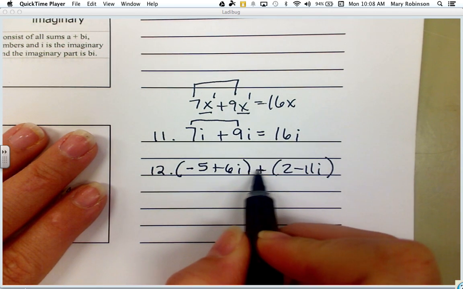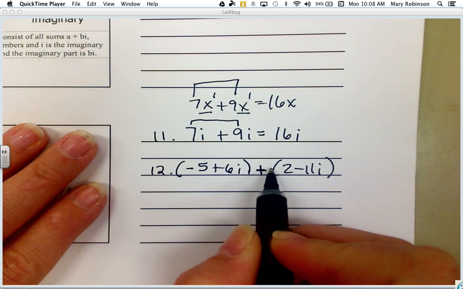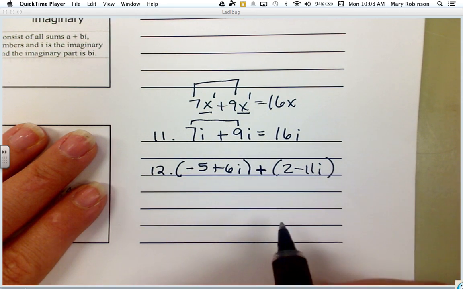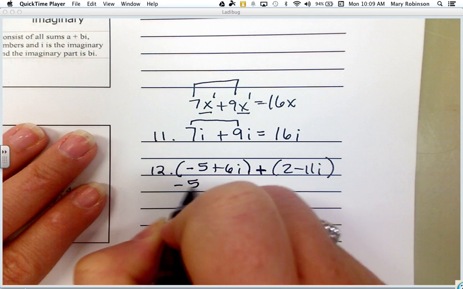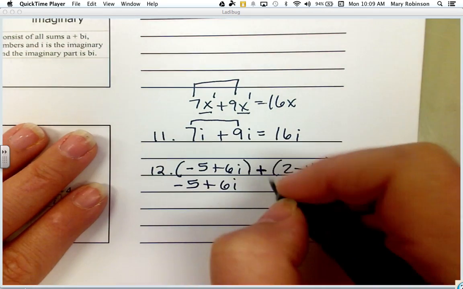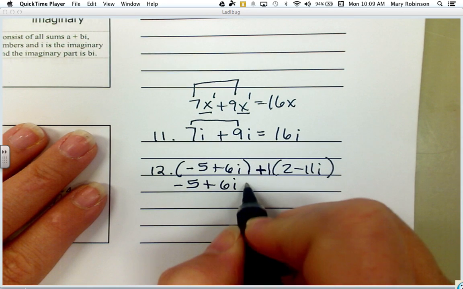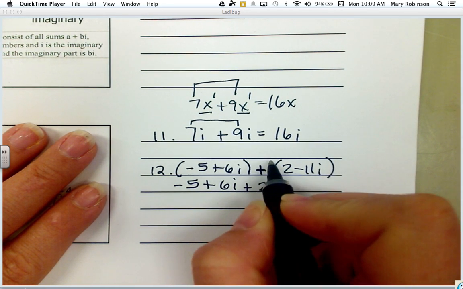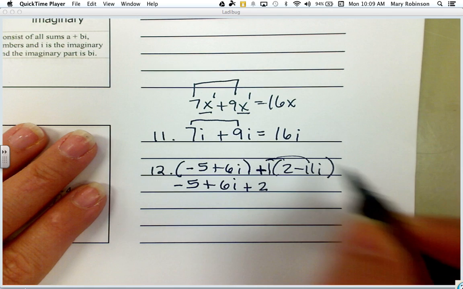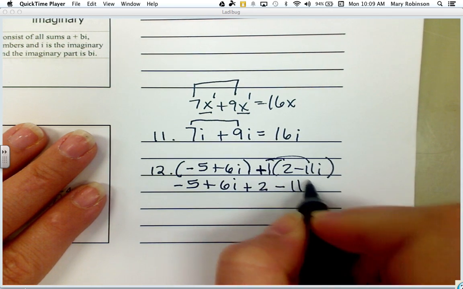Because we're adding, there's nothing we need to worry about in terms of distributing here to both of these terms. However, we could rewrite them and think of this as a positive 1 being distributed. So this would be plus 2, and then a positive times a negative 11i would give us minus 11i.